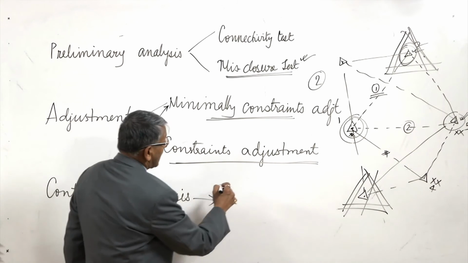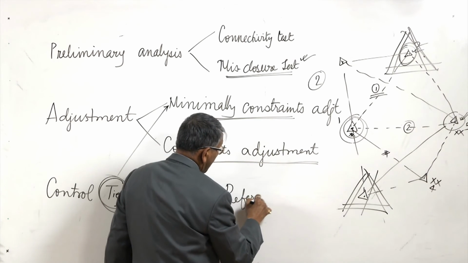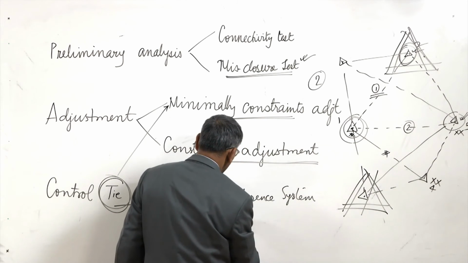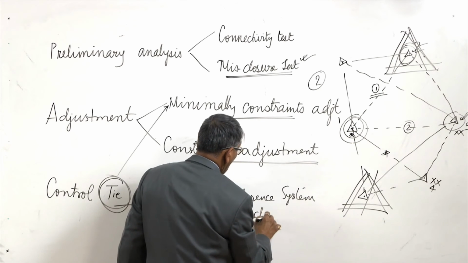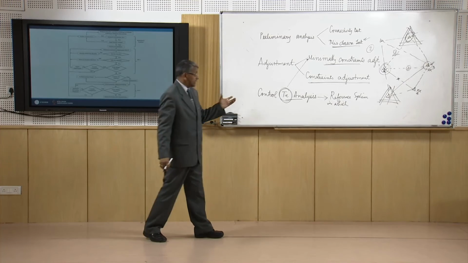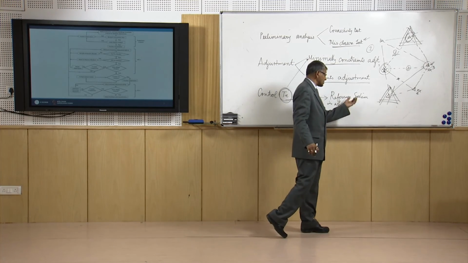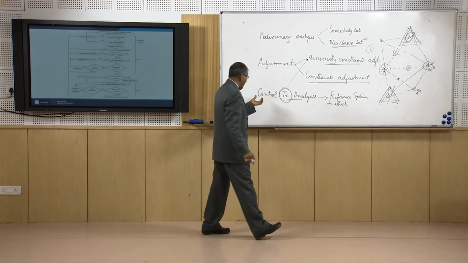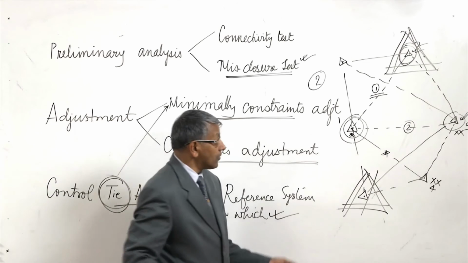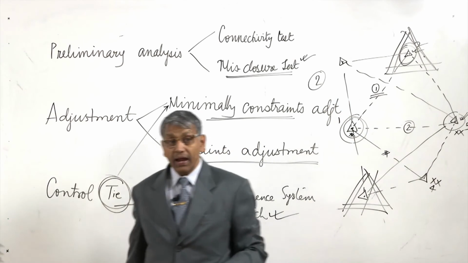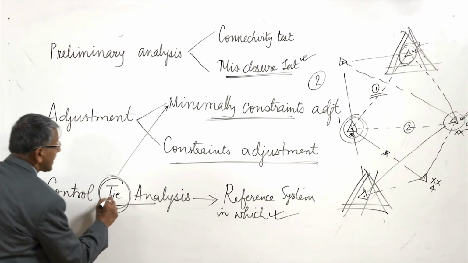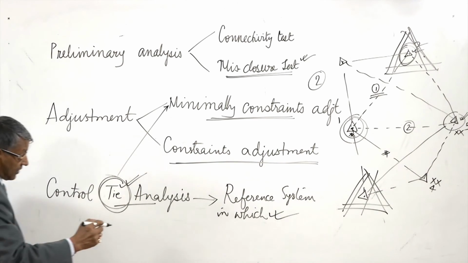The reference system in which we want to get our location, we need to have some stations in that reference system, and then with reference to those stations we go for minimally constrained adjustment, and we tie our stations to that reference system.